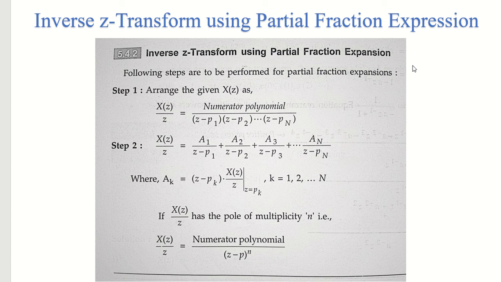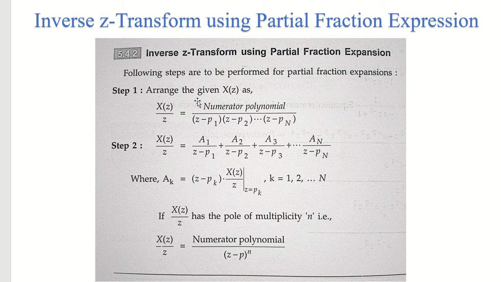First, you have to arrange your Z transform in the given order. The order will look like this: X of z divided by z, in the numerator you will have your polynomial, and in the denominator you will have z minus p1, z minus p2, up to z minus pn.